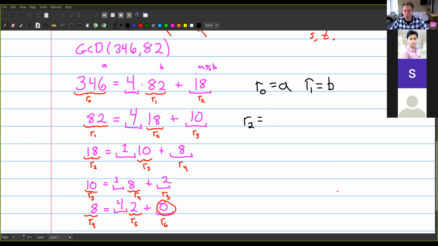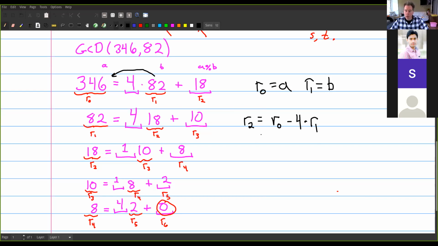So R2 is 18. So if I just take 82 and move it over to the other side of the equal sign, then I get R2 is equal to R0 minus 4 times R1. Okay. All right. So maybe you're wondering what the point is, but hopefully you agree that that's true.